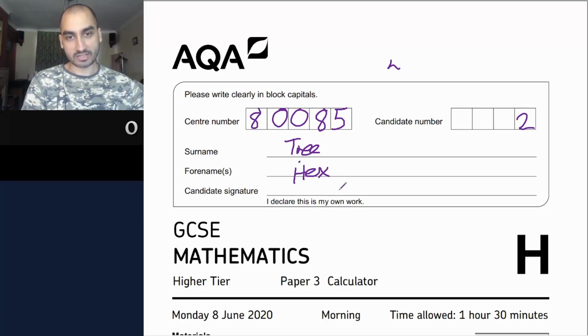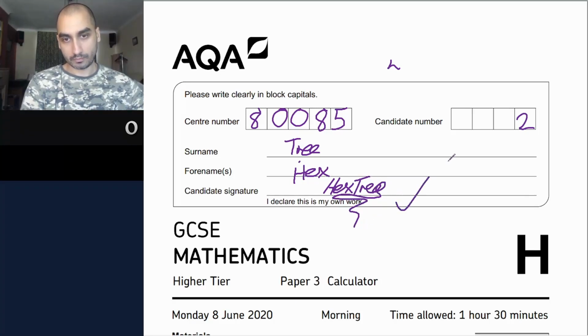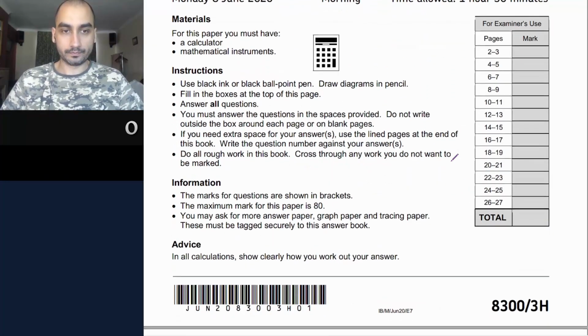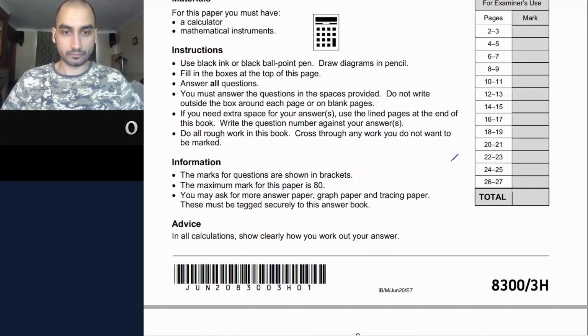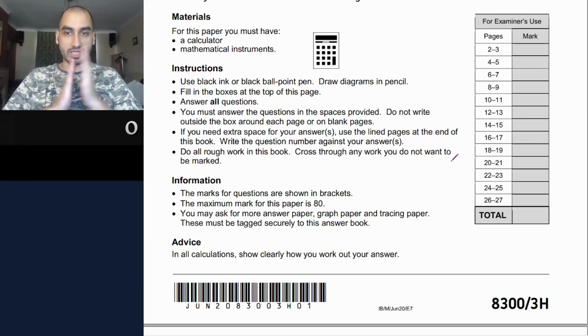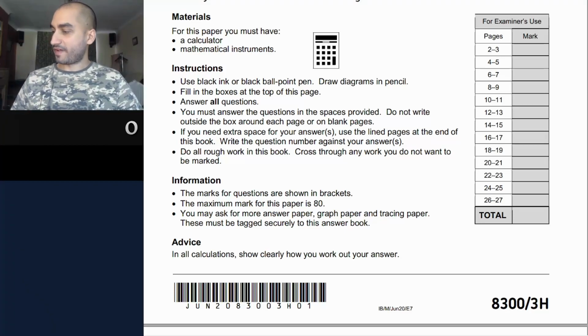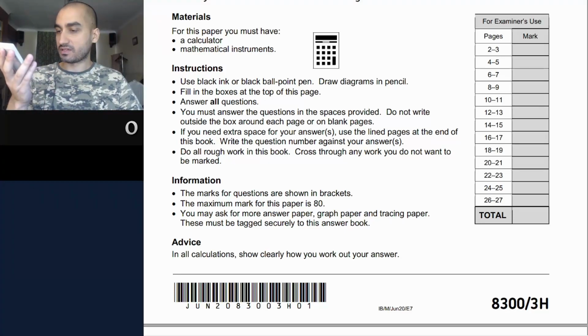I'm slowly getting better at writing with this tablet. Okay, so it's the same rules as last paper. It's a calculator paper. Oh, I found a calculator, but it's not scientific. But it does do square root, so there are some questions I'll be able to use this for, which will be faster than using Google.